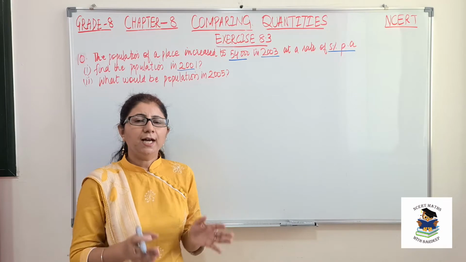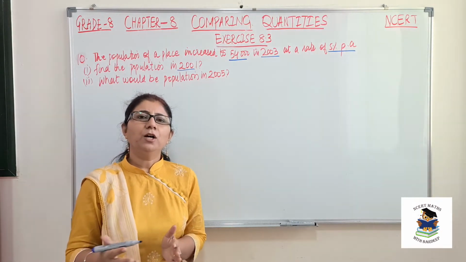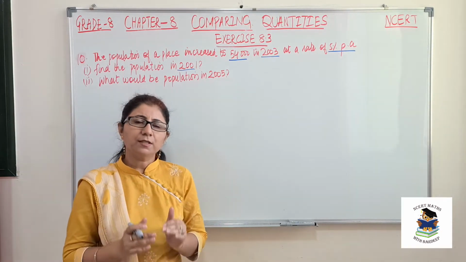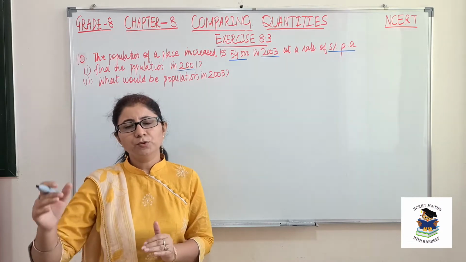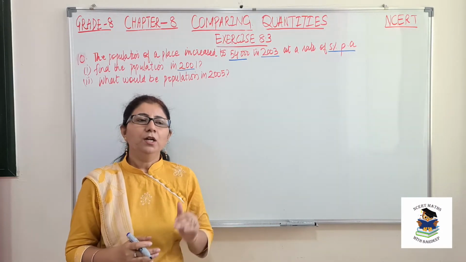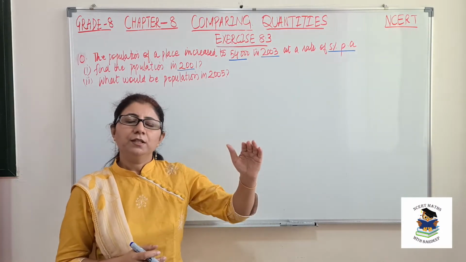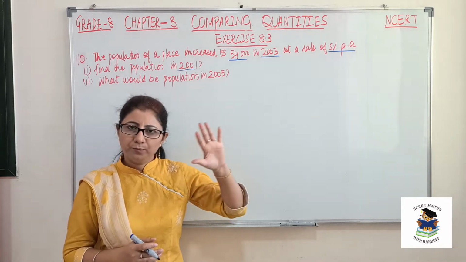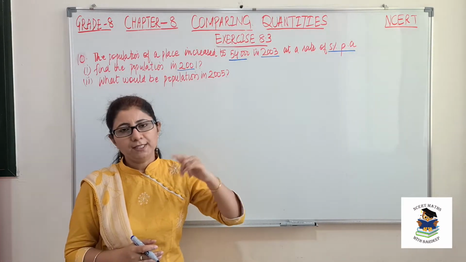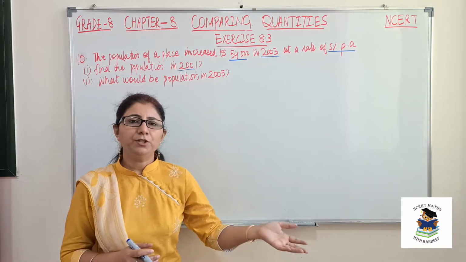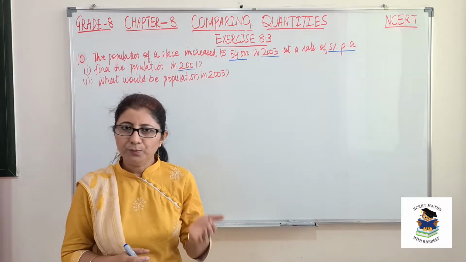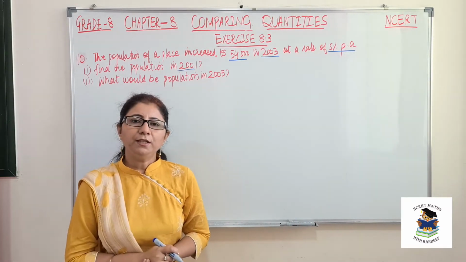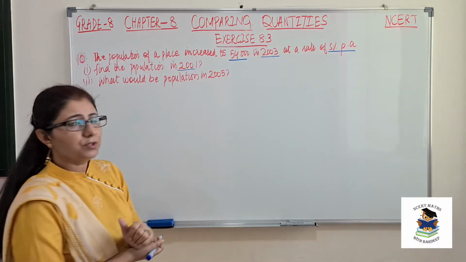Suppose in a lab different types of bacteria count is being calculated, and this count is also calculated using the compound interest formula. If something is increased compoundedly, then we use plus in the formula. If something is decreased, as I already mentioned in depreciation, then we will use the minus sign. This I will explain in the coming questions, but let's now focus on this question.